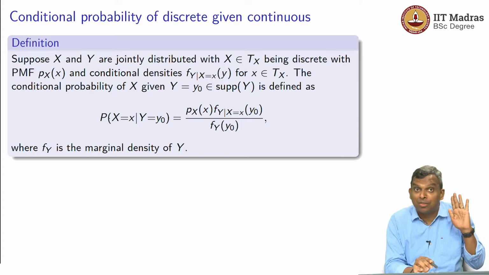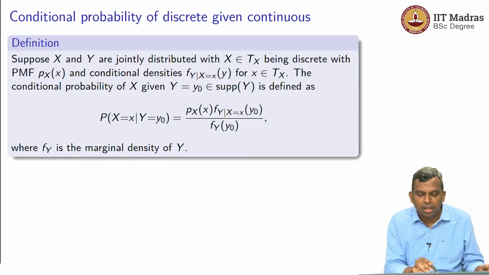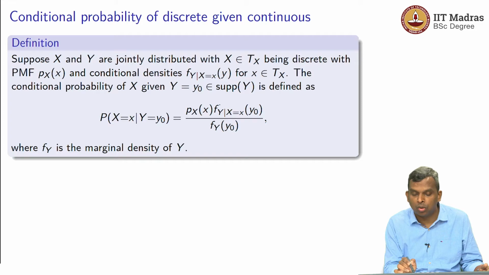Here's the formula. Let's first understand it. The probability that capital X equals small x given y equals y naught is equal to the PMF of x times the conditional density of Y given X equals x, evaluated at y naught, divided by the marginal density of Y evaluated at y naught.